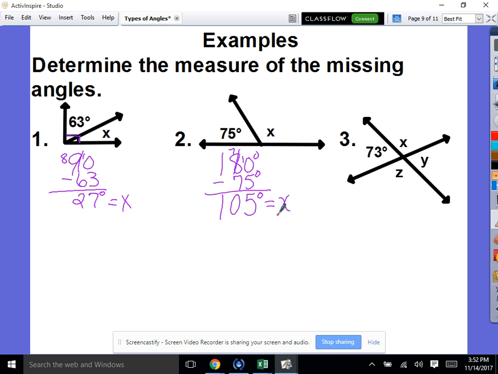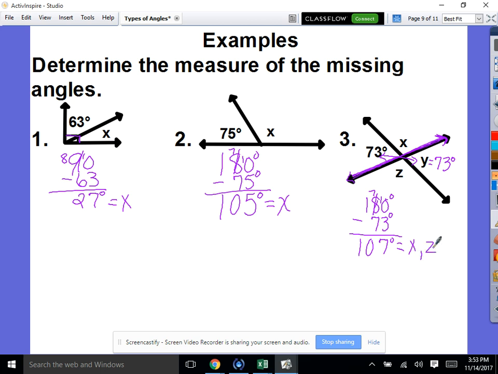Number 3, we have to find 3 different angles. Well, remember, vertical angles are equal. So y is equal to 73 degrees. But if you will notice, x is supplementary with the 73, so we need to say 180 minus 73, and that would give us 107 degrees, and that would equal x.